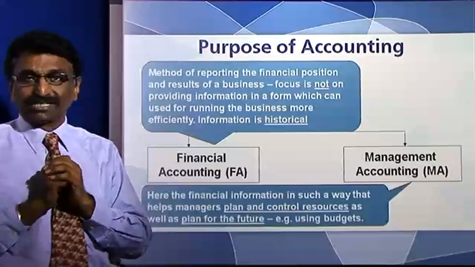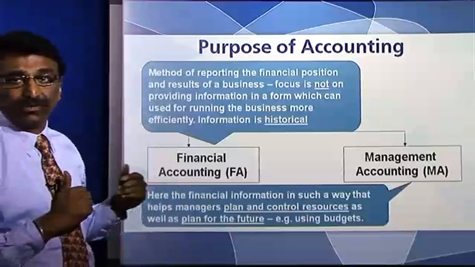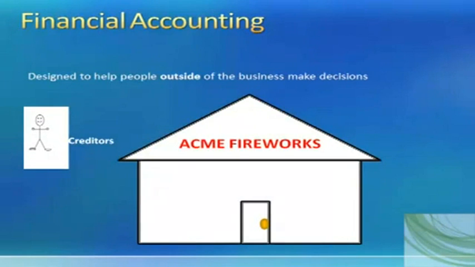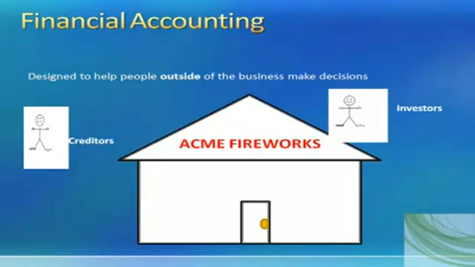To give you a little more insight, let's run through a video clip now. Financial accounting is designed to help people outside of the business make decisions. The people outside of the business that we concentrate on are creditors and investors. Creditors lend money to the business. Investors invest money in the business.